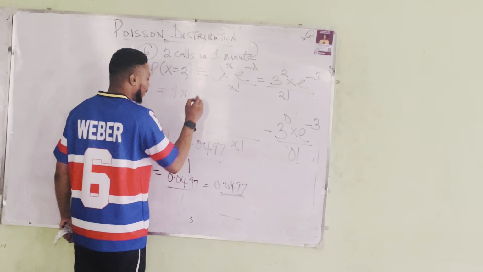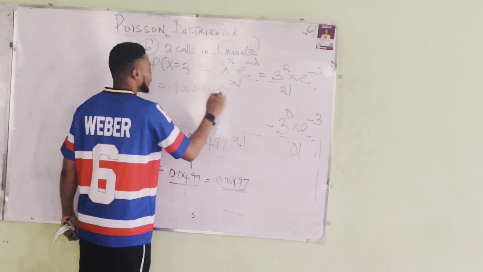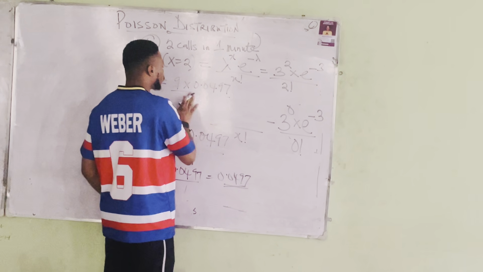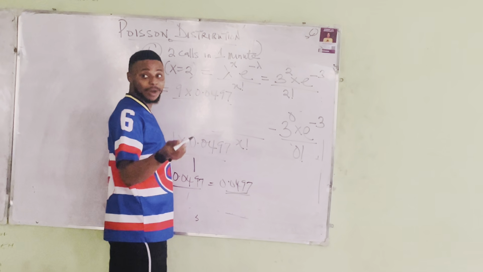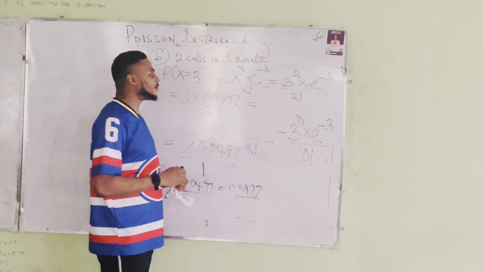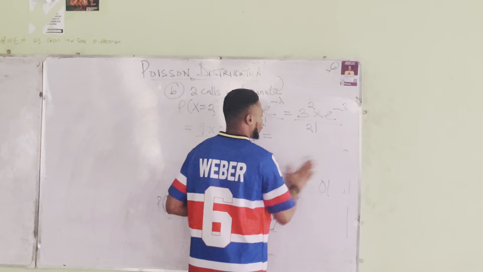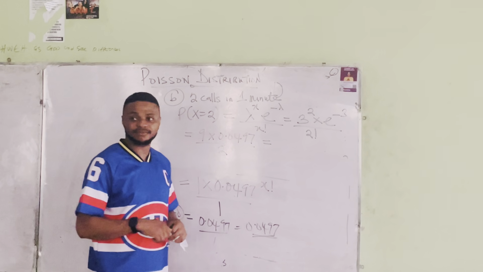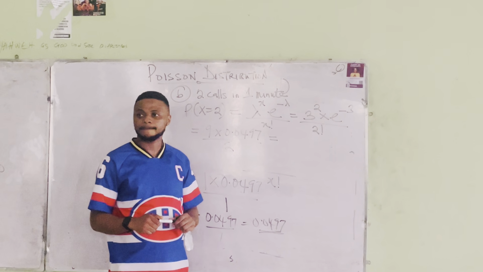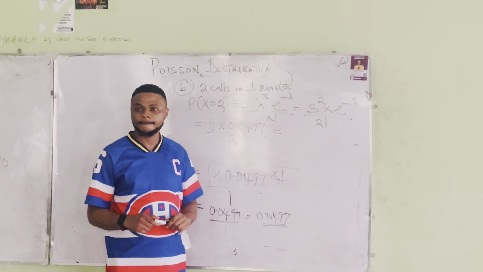So we have 9 times e raised to the power minus 3, which is 0.0497, divided by 2 factorial. 2 factorial is 2 times 1, which is 2, right? Beautiful. So 9 times 0.0497 is what? What will we have?